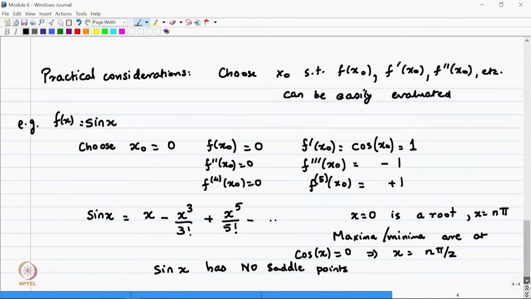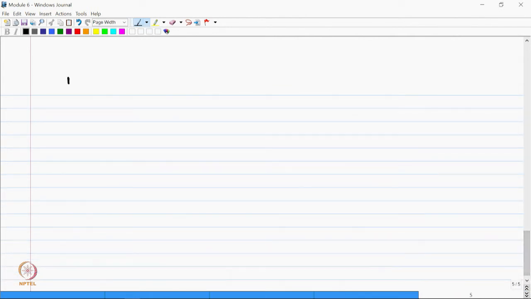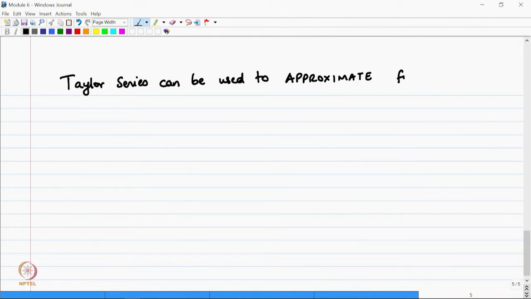Now, Taylor series is also used as an approximation method. It can be used to approximate functions. So, for example, I can write sin x is approximately equal to x minus x cube by 3 factorial.